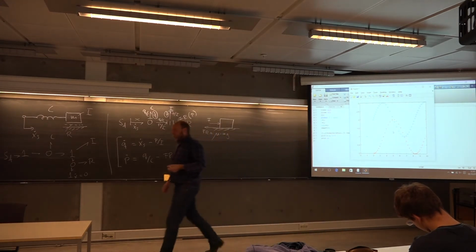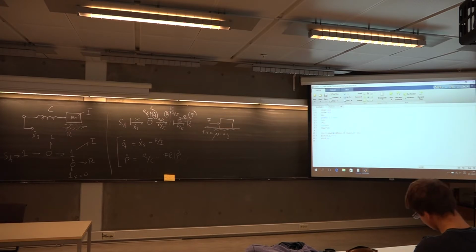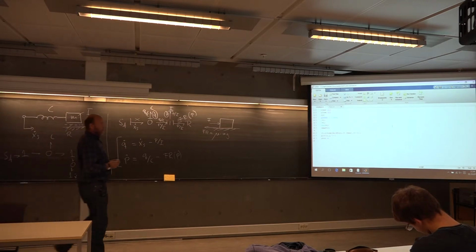Now you can try with ODE15s, that's another stiff solver. And if I recall correctly, we had some trouble with this one. It doesn't really get it.